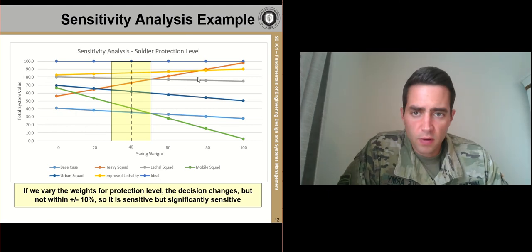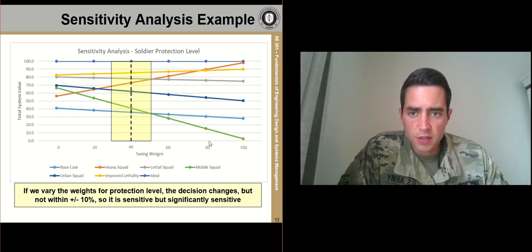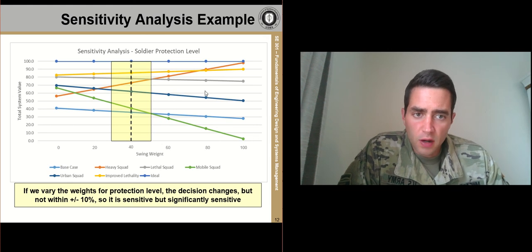So it crosses over, the winning solution changes when we have a swing weight of 80 for soldier protection level, so we know that it's sensitive. But this change does not occur within plus or minus 10% of our original swing weight of 40. And the plus or minus 10% is indicated by the yellow box here.